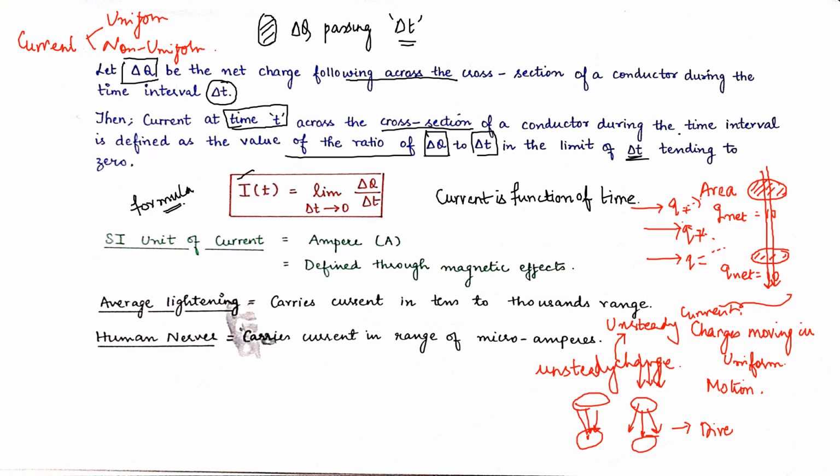Lightning, thunder, and lights in the climate come with a very non-uniform flow of current, which results in many hazards. They may burn buildings, they damage electrical supplies over the earth, and much more. So this kind of unsteady flow of charges can be very low at some time and very high at other times.